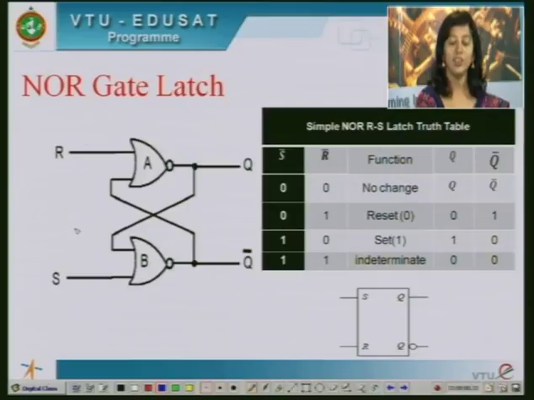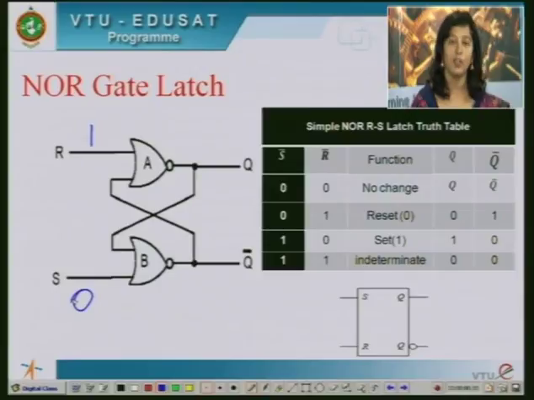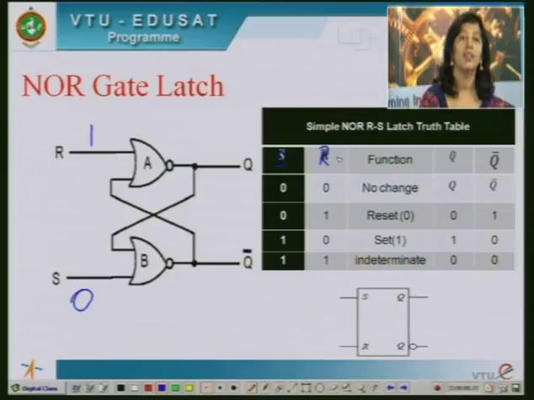The second condition is when R is 1 and S is 0. So this is just S and R, that bar should not be there, okay, a small correction. So here R is 1 and S is 0. What happens?